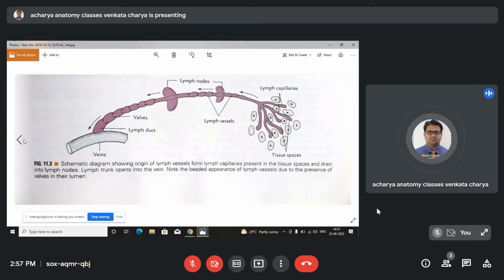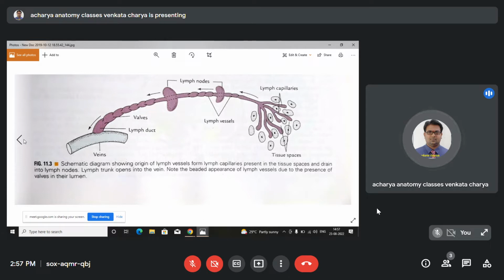Okay. So this lymphatic fluid is collected by the lymph capillaries. Lymph capillaries enter into the afferent and efferent vessels called lymph vessels. These lymph vessels pass through the lymph nodes.